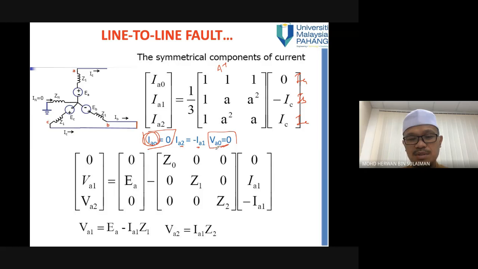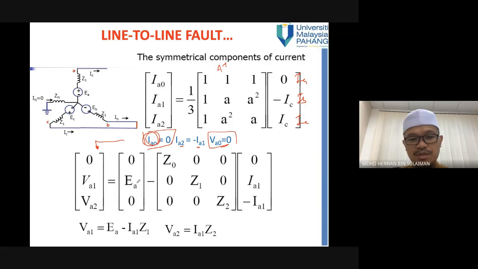So from here, basically we can derive our symmetrical components for the voltage. Since our VA0 is 0 and our IA0 is 0, we can construct this equation.